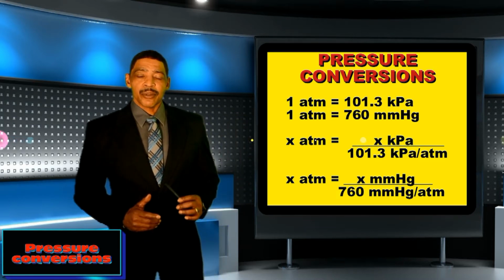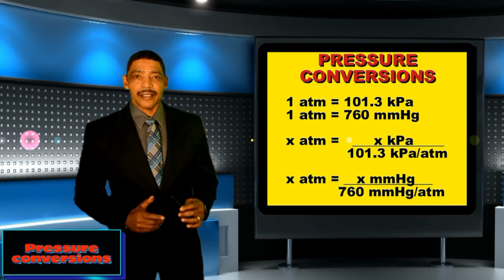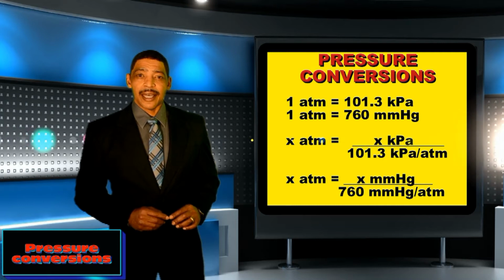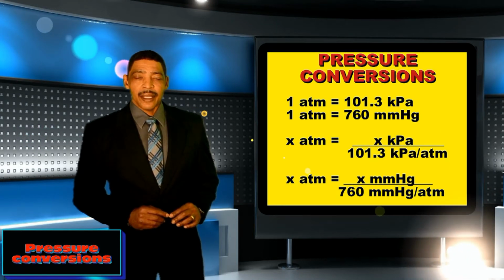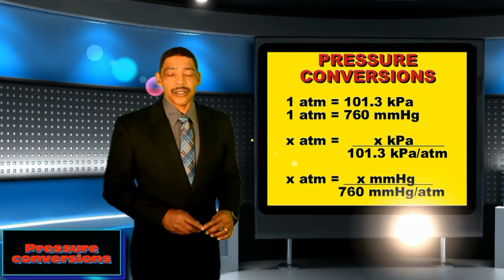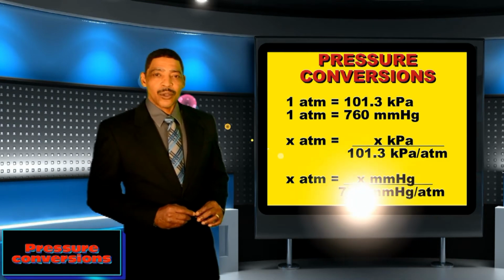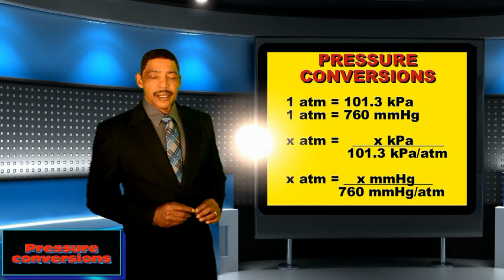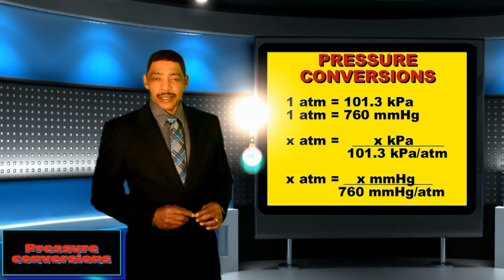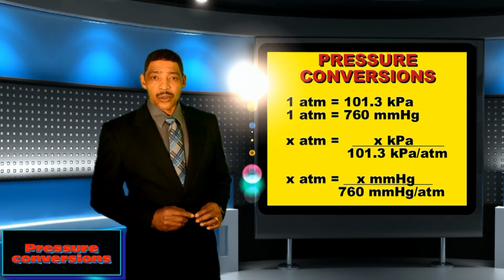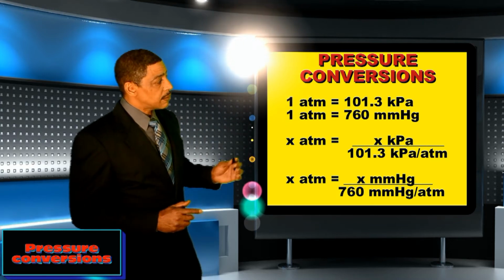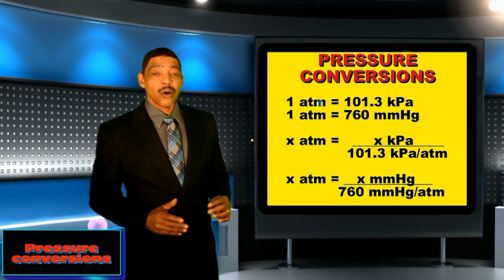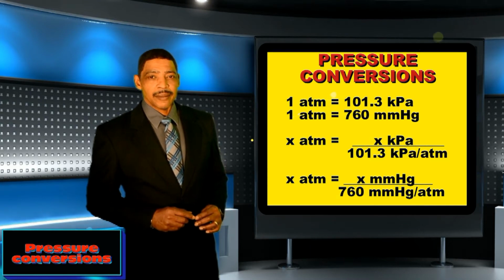To convert pressure in kPa to atm, which is required when using the ideal gas law, divide the given pressure in kPa by 101.3 kPa per atm. If the pressure is given in millimeters of mercury, or torr, divide the given pressure by 760 millimeters of mercury or torr per atm.